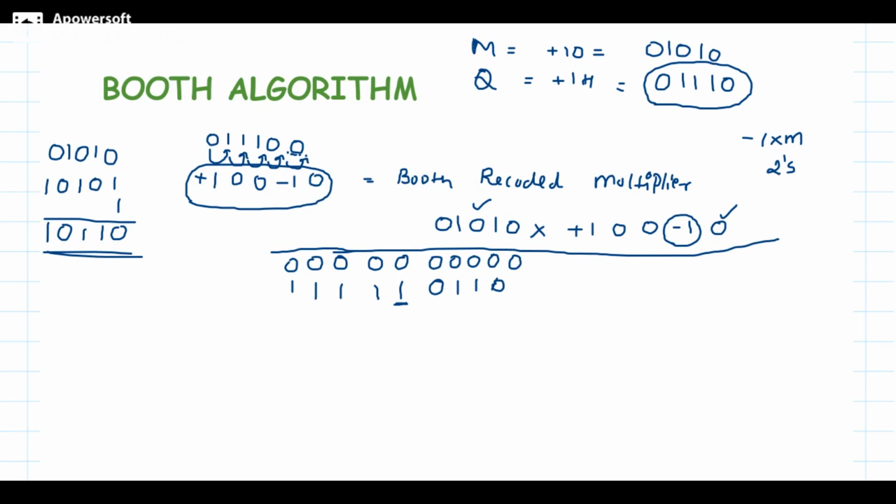The next bit is 0. So directly I can shift by one position and start writing the partial product. 0 0 0 0 0 0. Everything is 0. This is also 0, this is also 0. Similarly, one more time it is the same.